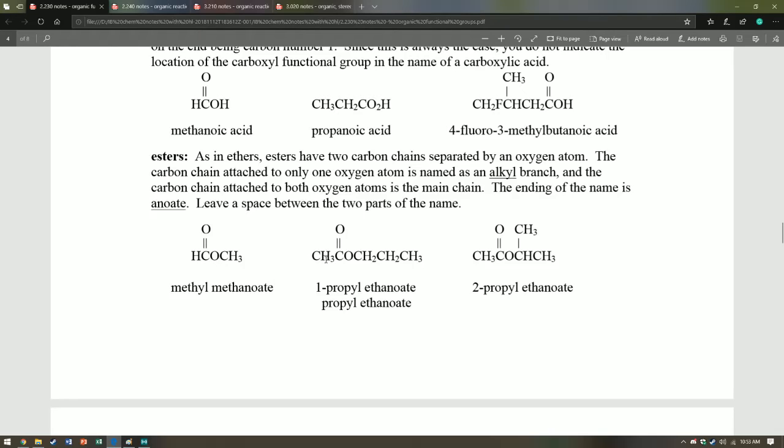This would be 1-propyl ethanoate, since the oxygen attaches to carbon number 1 here, and this would be 2-propyl ethanoate.